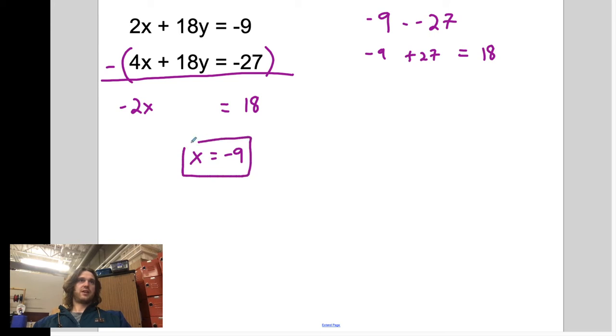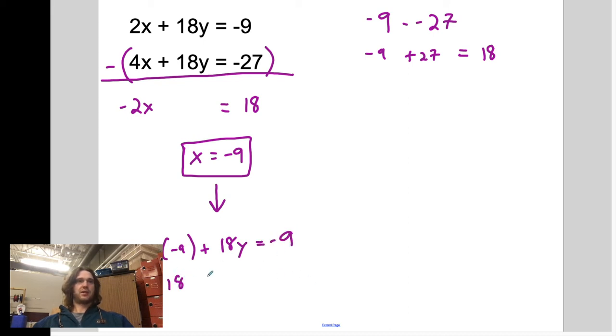Fantastic. That is so much easier than trying to do it by substitution. We just line these up, subtract, things go away, and we're good to go. Things are eliminated. They get Hulk smashed. So I'm going to plug x into the top equation. So that'll be 2 times negative 9 plus 18y equals negative 9.